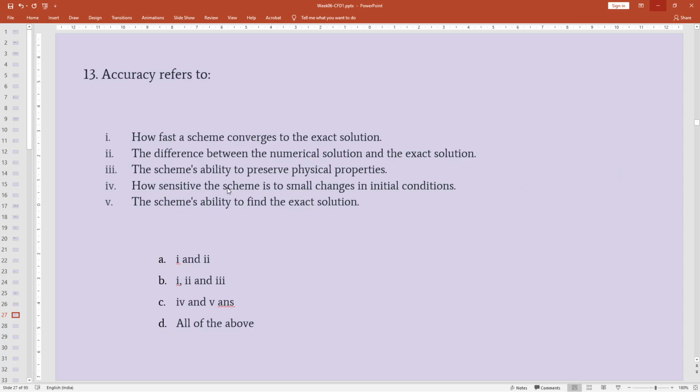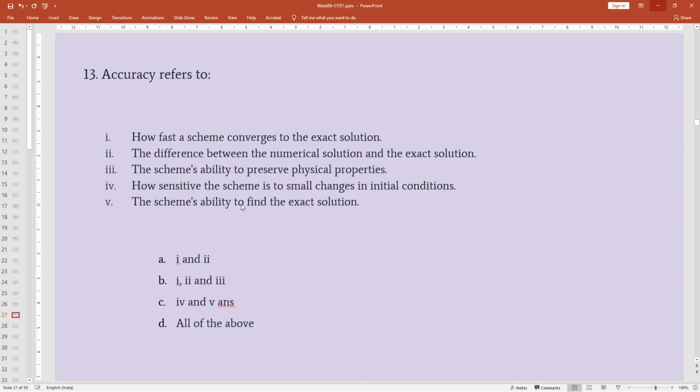Next question. In the context of CFD or numerical simulations, the term accuracy refers to: first, how fast a scheme converges to the exact solution. Second, the difference between the numerical solution and the exact solution. Third, the scheme's ability to preserve physical properties. Fourth, how sensitive the scheme is to small changes in initial conditions.